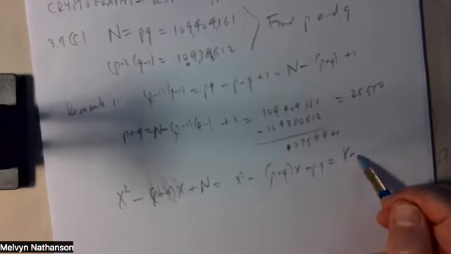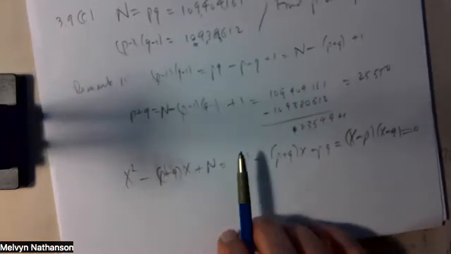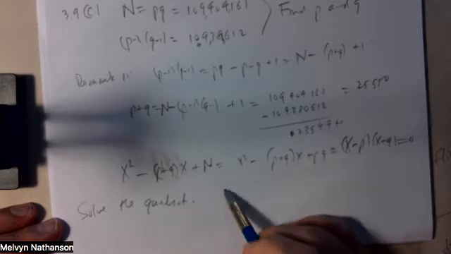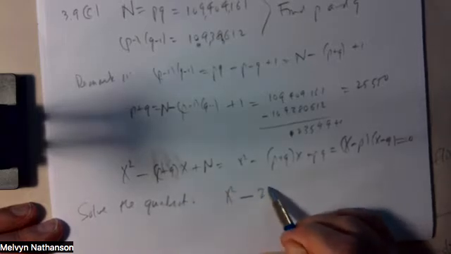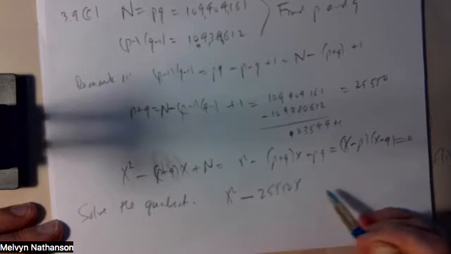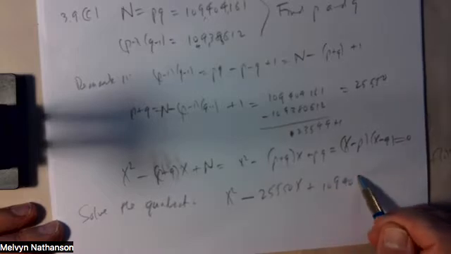This factors into (x minus p)(x minus q). So p and q are the roots of this quadratic polynomial. So I need to solve the quadratic equation x squared minus 23,550x plus 109,404,161 equals 0.